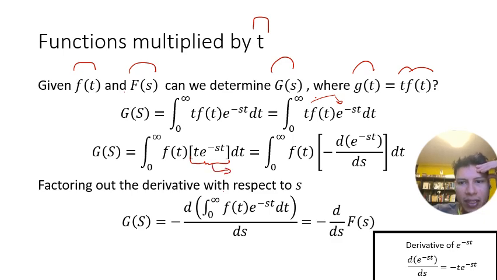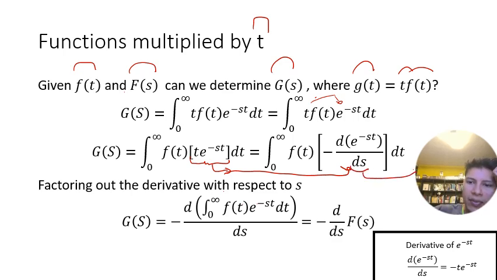Now this actually becomes negative the derivative with respect to s of that term. And then we can just factor out this derivative with respect to s, because it's not in terms of t. And so what we get is that it's just the Laplace transform F of s differentiated.